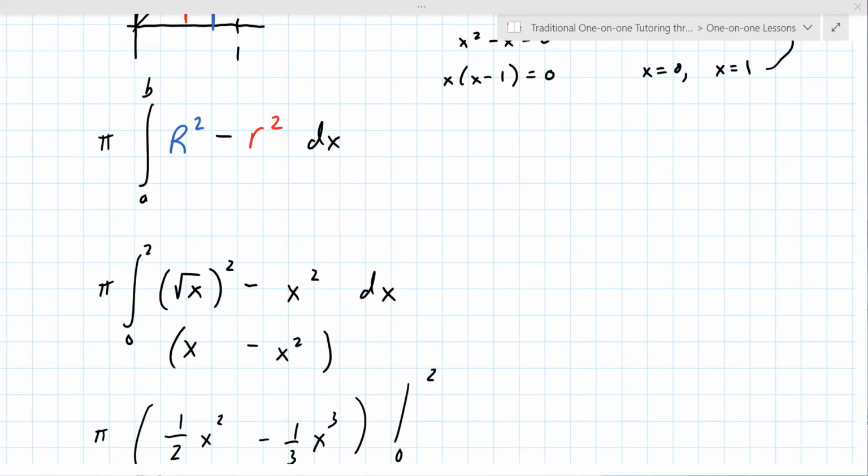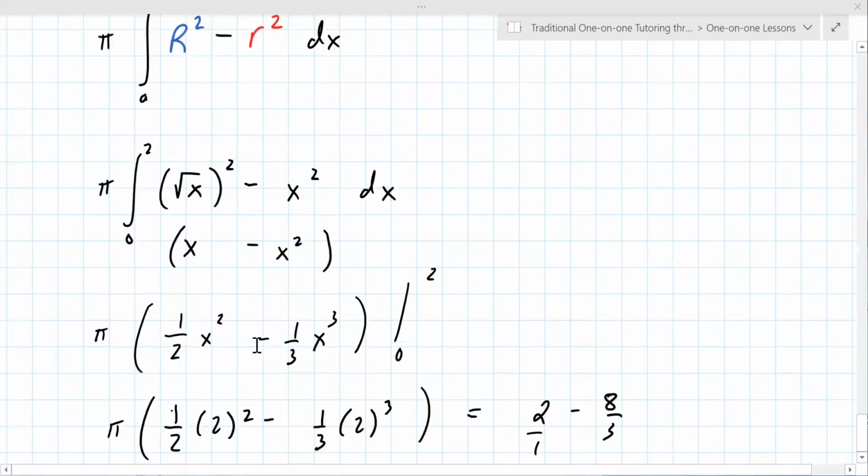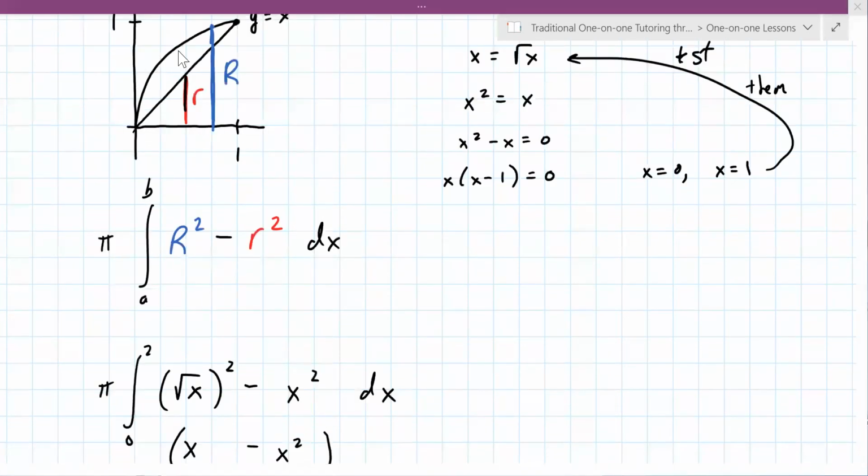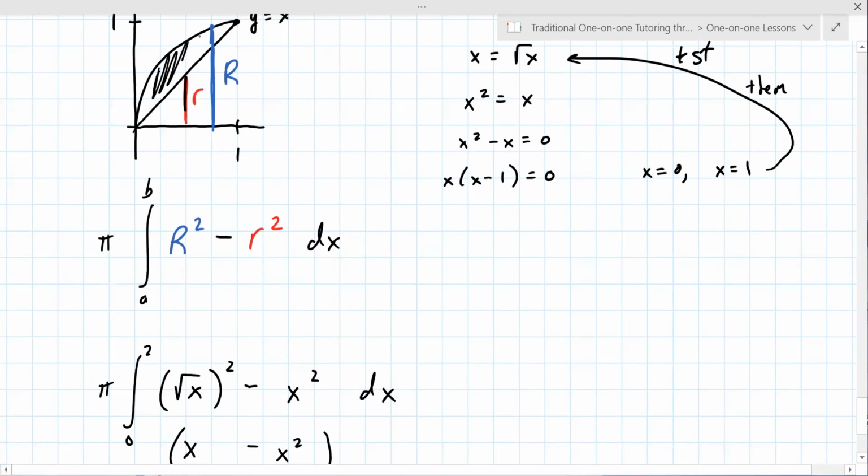From 0 to 1, big R is the square root of x, and little r is y equals x. That's one half x squared, that's one third x cubed, 2 minus 8 thirds. Why can't it be negative? Well, it's the volume of this region in here, so it's got to have some definite volume.